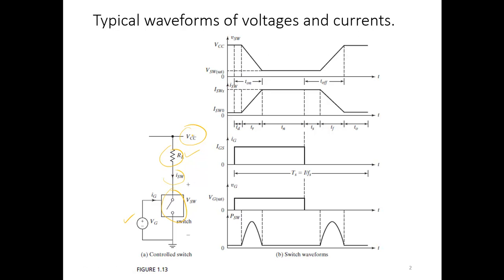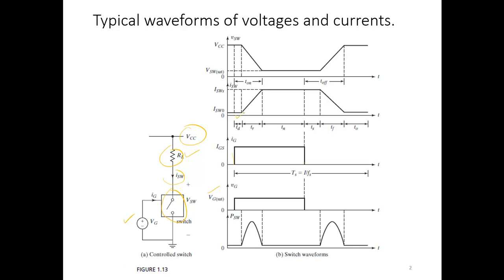Now, once you apply a gate voltage to the switch, like putting a pulse there, then depending on the switch, there will be a current flowing from the gate through the switch. Once you have a gate current, the switch will turn on, but in real life the switch will not turn on right away.